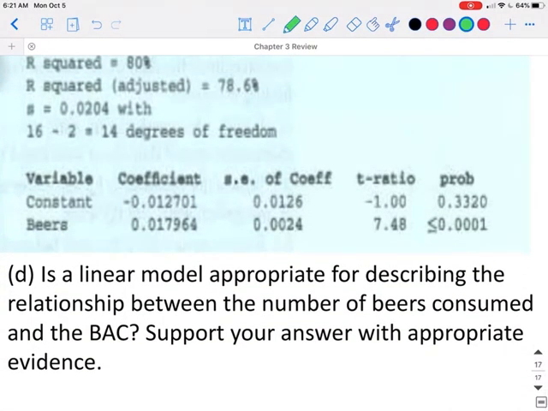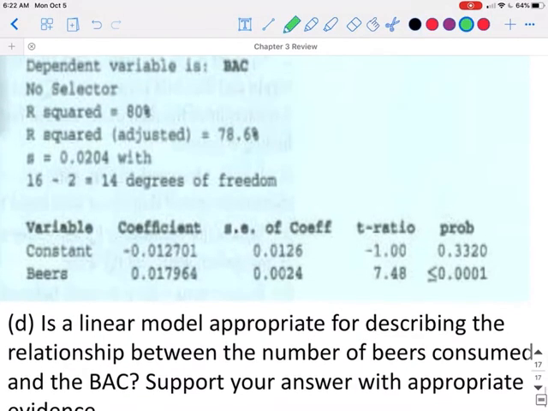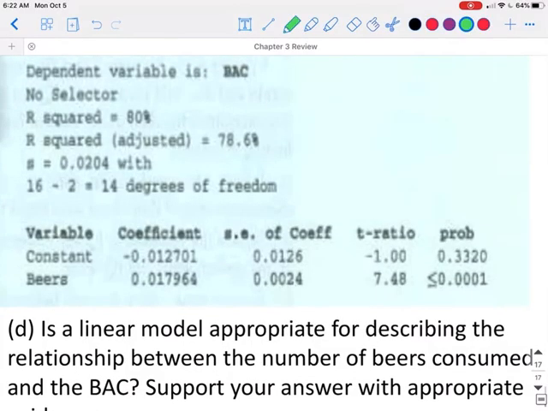Is a linear model appropriate for describing the relationship between the number of beers consumed and the blood alcohol content? Support your answer. We know that the R squared value is 80%. So we know that 80% of the variation in the blood alcohol content is accounted for by the regression line.